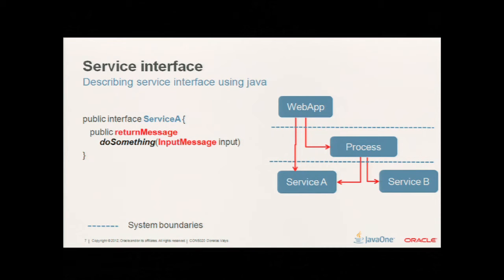You have to provide a name for your service. There might be 1 or more service operations. And one of the patterns in SOA is messaging. So you normally send some data as input message and get some data back as a return message over a system boundary. So it's kind of simple.